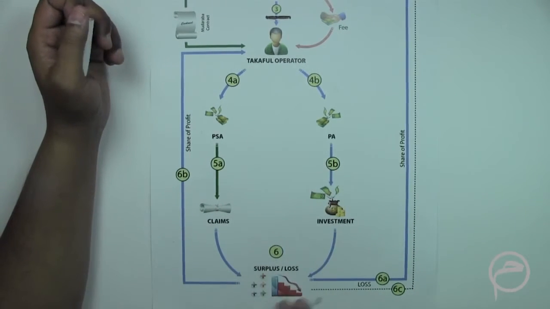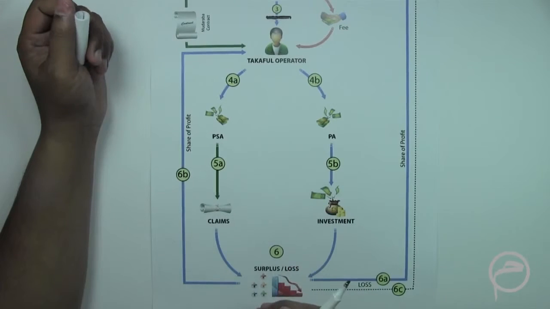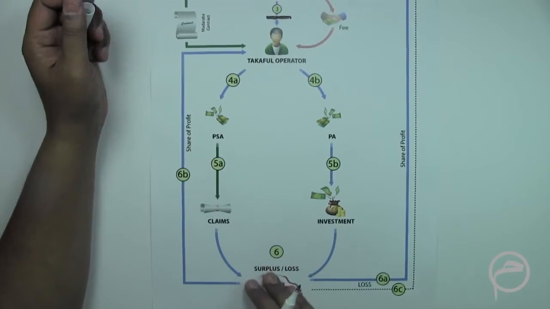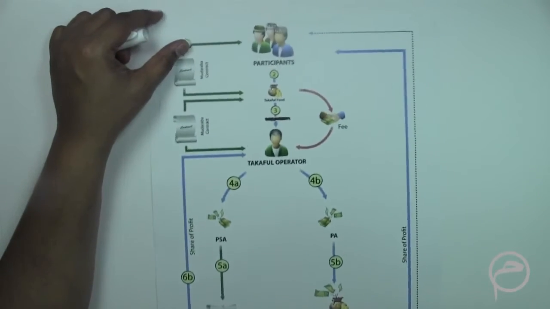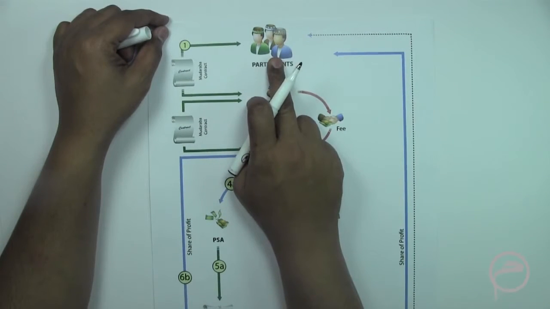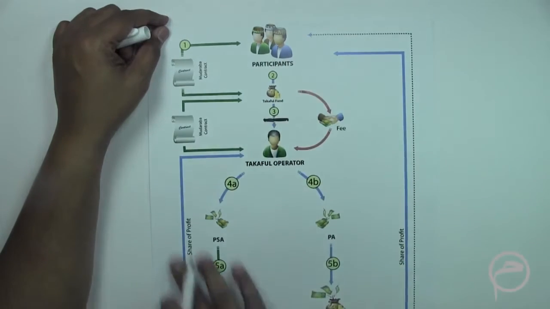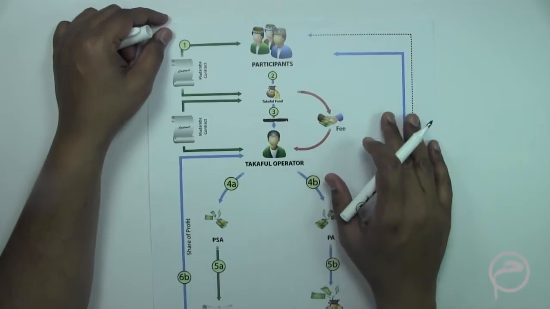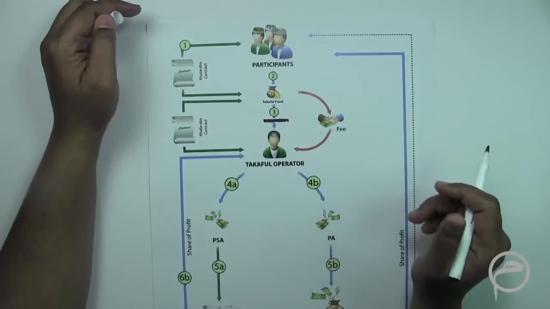So in the surplus, at the end, some funds are pooled, and these funds are in a way distributed with the participants. So this is in brief how the Mudaraba model works in Takaful.